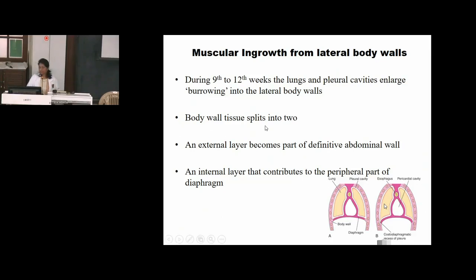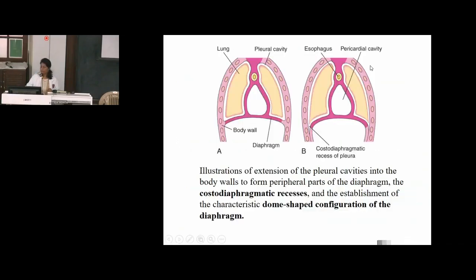The body wall tissue which is developing here splits into two. The external layer becomes the definitive abdominal wall, while the internal layer contributes to the formation of the peripheral part of the diaphragm. So the peripheral part of the diaphragm is developing from this lateral body wall. Here we can see this lightly shaded area in the lateralmost part.